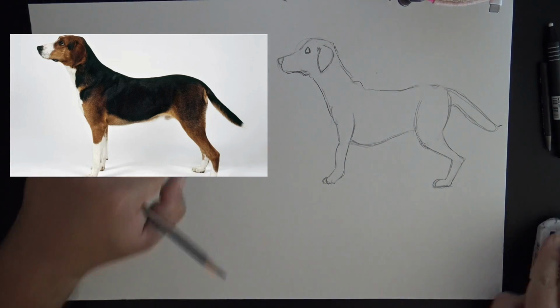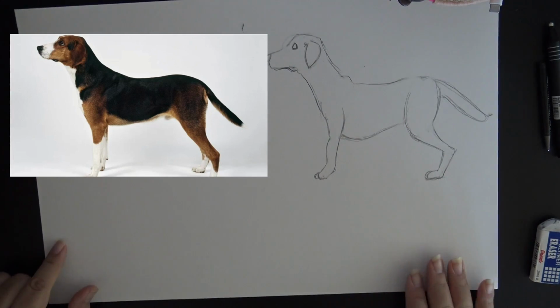Okay, and there we have our animal all done.